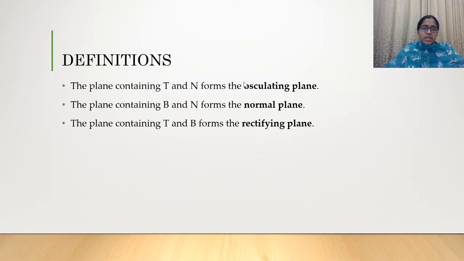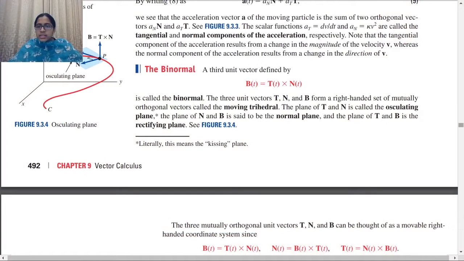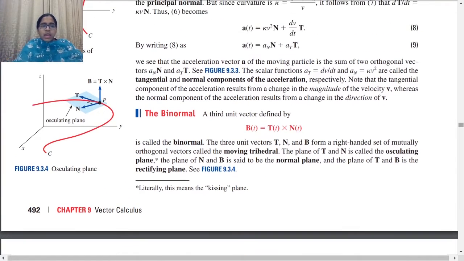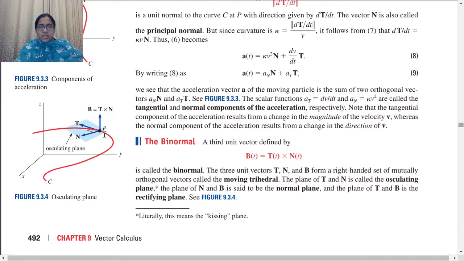If you see in your textbook, it's clearly given with the figure. You can see that if we have a curve C, then we have a point P. The normal will be N, the tangent will be T, and then B will be the cross product of T and N, that will be in the upward direction.